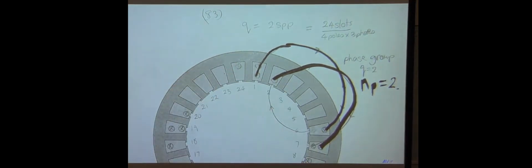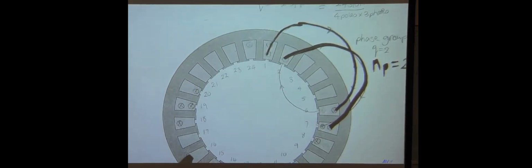We've used Q as 2 for slots per pole per phase. This would also be NP equals 2, because the phase group has one chording on it, in our equation.